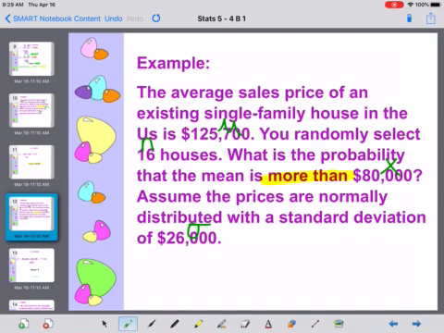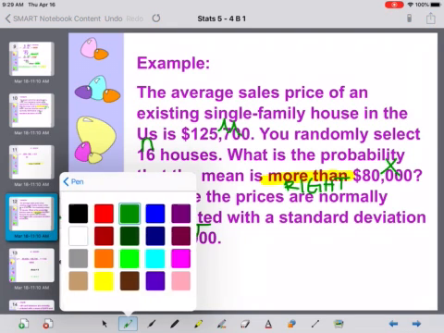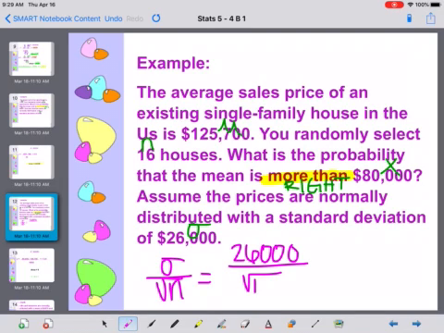Now, more than means right. Remember that your chart doesn't give you the area to the right once you do all the work, so you have to first find baby sigma divided by the square root of n would be your first step. So you would take 26,000 divided by the square root of 16. That gives you baby sigma x bar.